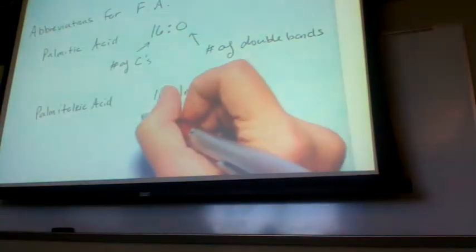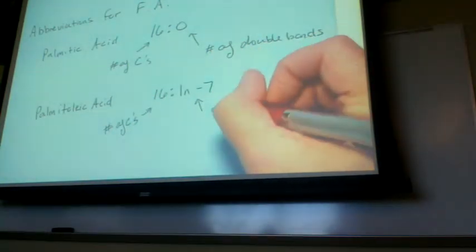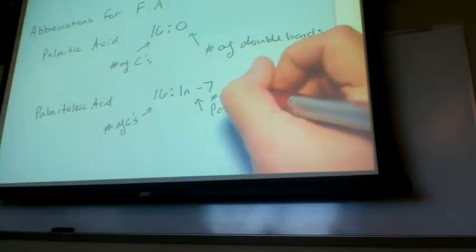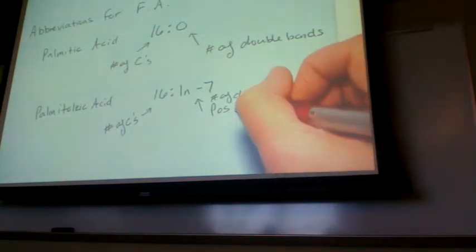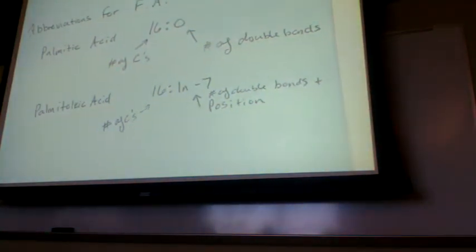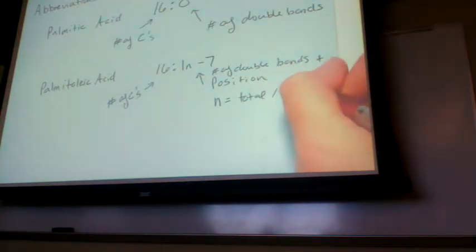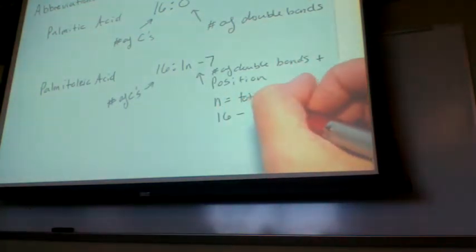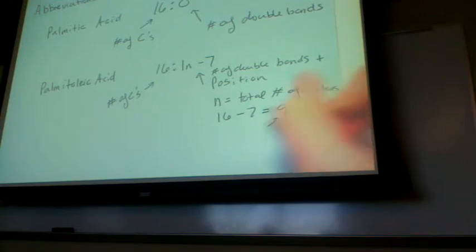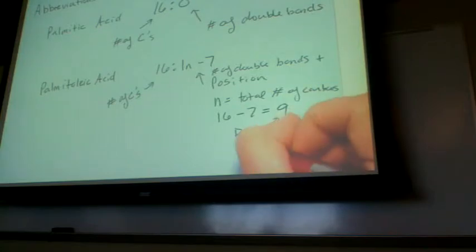Okay. So again, the 16 is the number of carbons. And this is the number of double bonds and position. And n equals total number of carbons. So 16 minus 7 is 9. So the double bond is on carbon number 9.